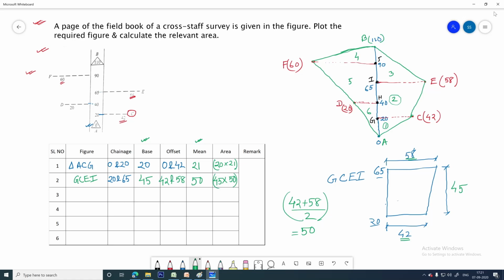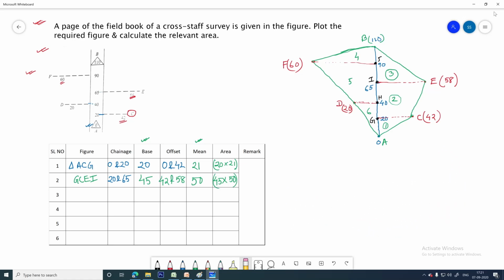So now coming to the next part, that means number 3. So let us remove this. Let's plot here.